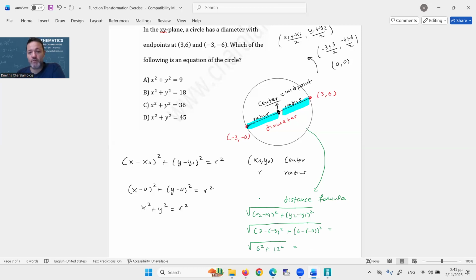So that would have been 36 plus 144, which is the root of 180. But this is just the diameter.